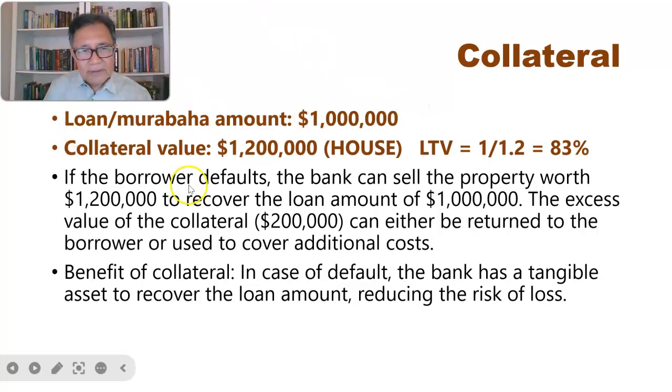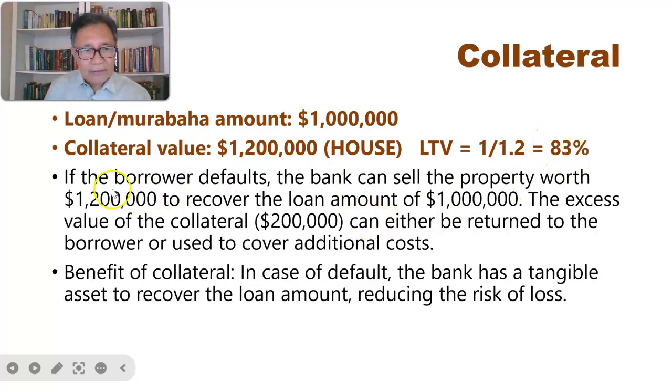So in the case of this example, 1 million of loan or murabaha divided by the collateral, which is the property, 1.2 million, and the loan to value ratio or the financing to value ratio will be 83%.